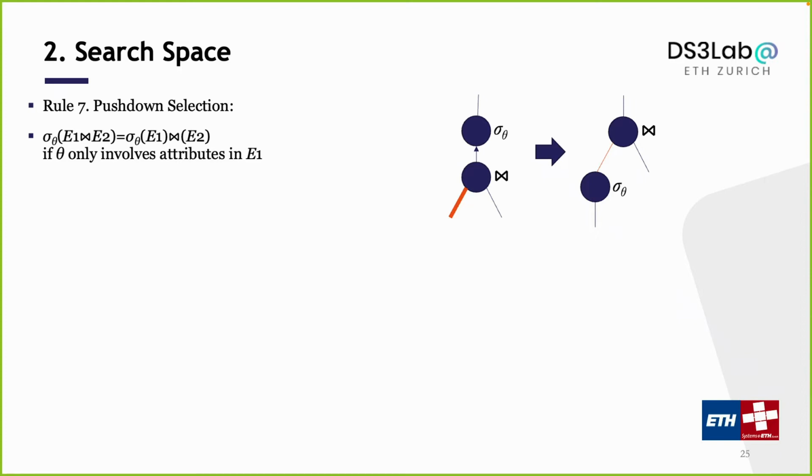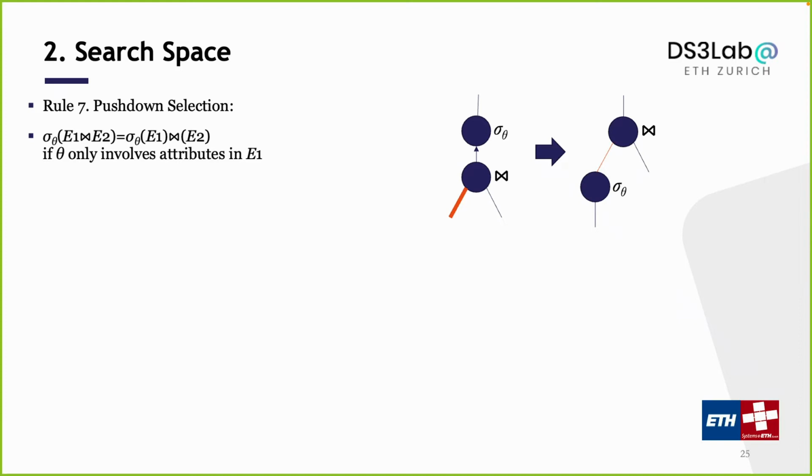Instead of doing the join first and then the selection, you could do the selection first and then the join. This is one of the most important operations that most query optimizers are going to do for you. Because join is one of the most expensive operators inside a relational database system. You want the input to be as small as possible.